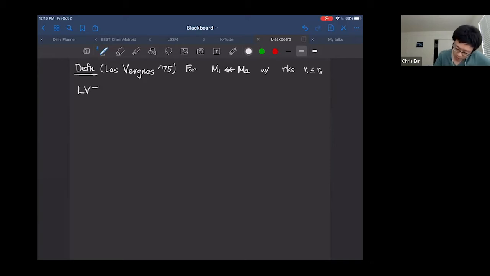Then he defined the following version of the Tutte polynomial. Let me denote that by LVT for Las Vergnas's Tutte polynomial, and it's a polynomial in three variables, x, y, z. It looks quite similar to the definition of the Tutte polynomial where you sum over all subsets of the ground set. So I'm summing over all subsets of the ground set of these matroids. I look at R1 minus the rank of the subset in the first matroid.